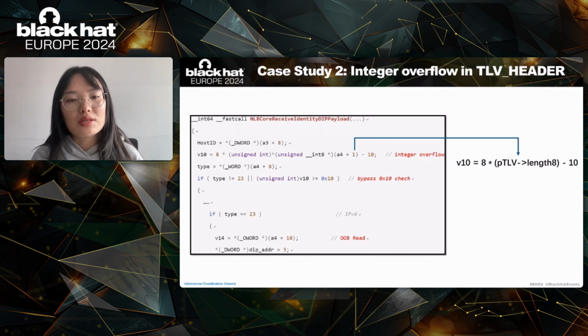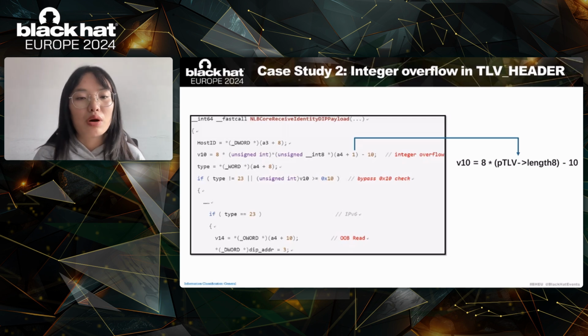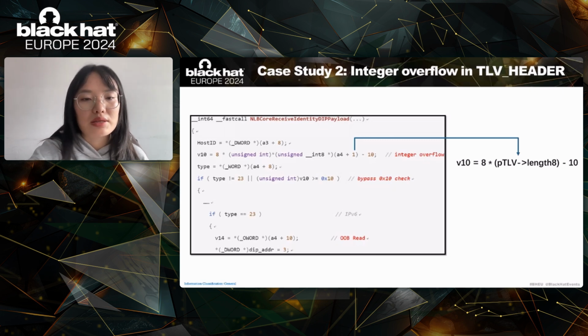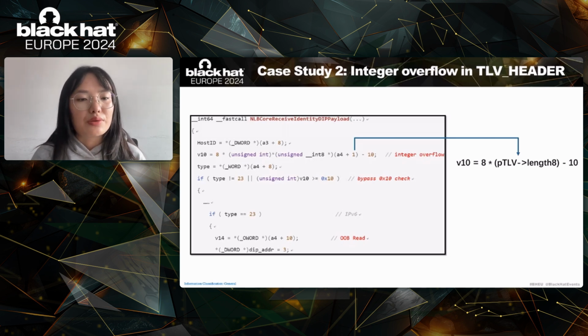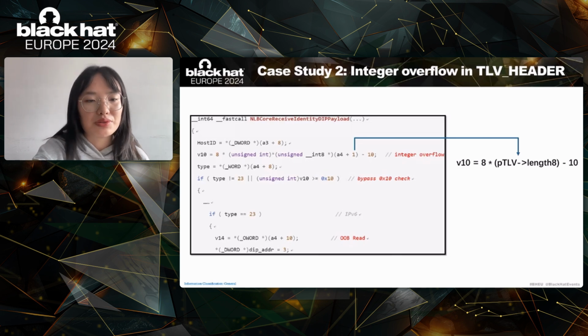Specifically, the length is computed by this formula here. The problem here is the unsigned integer calculation. When the value of length is less than 2, it triggers an integer overflow and bypasses the subsequent safety check, which is this one, and an OOB read occurs when the code tries to access this field with the statement.